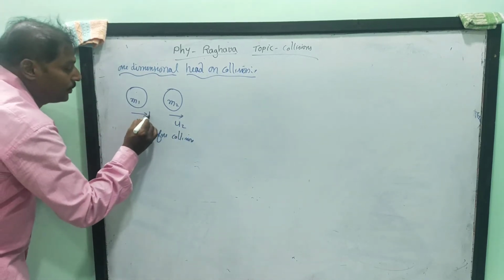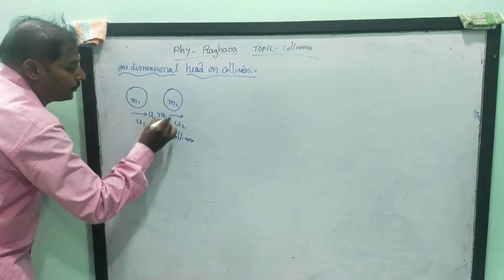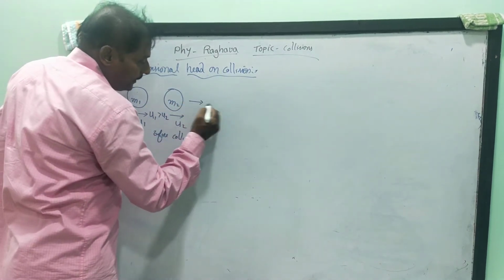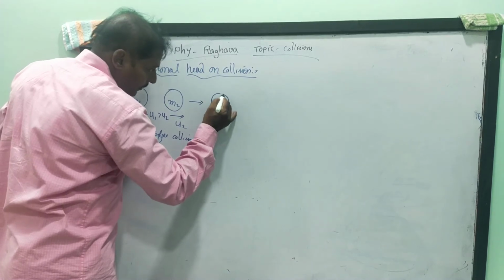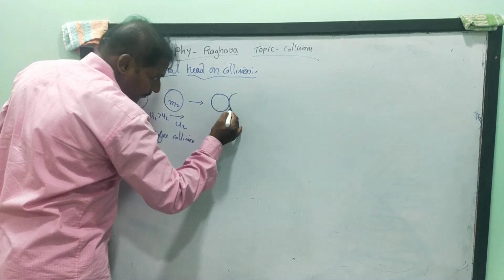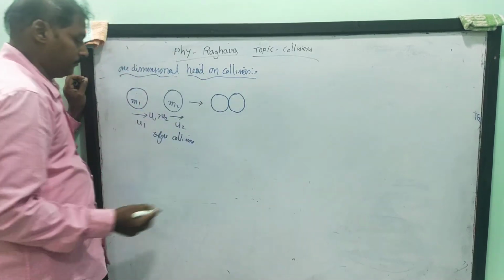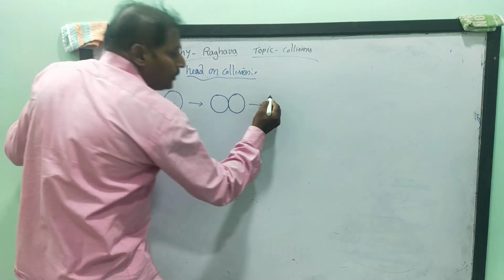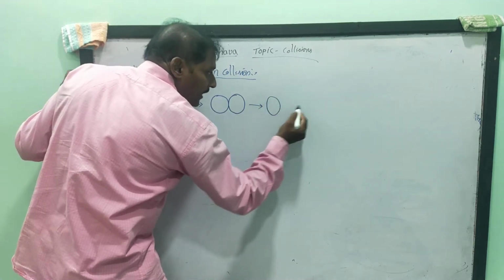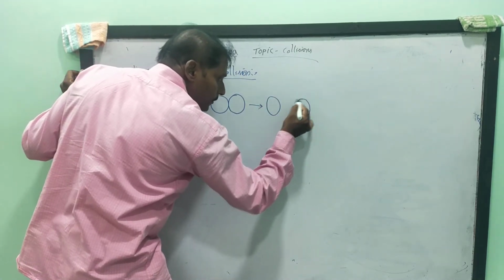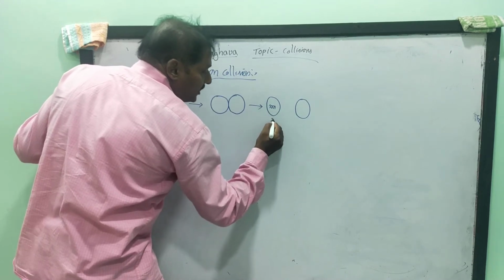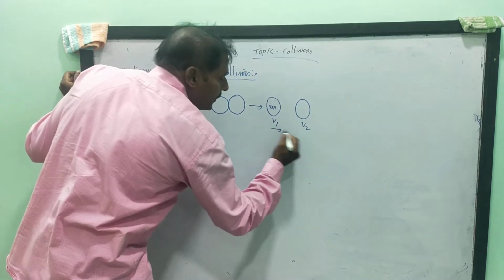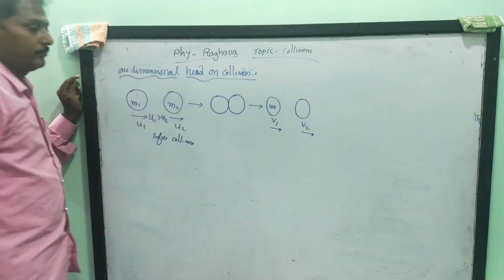If we consider u1 is greater than u2, after some time the first body impacts the second body. So the two bodies move with different velocities in the same direction.